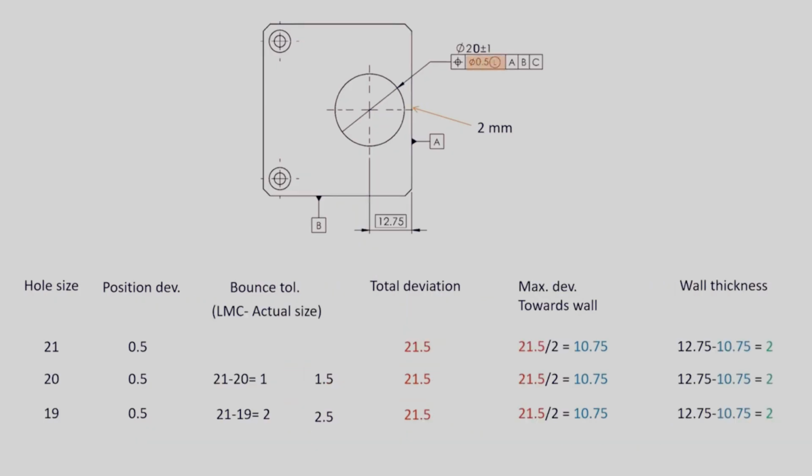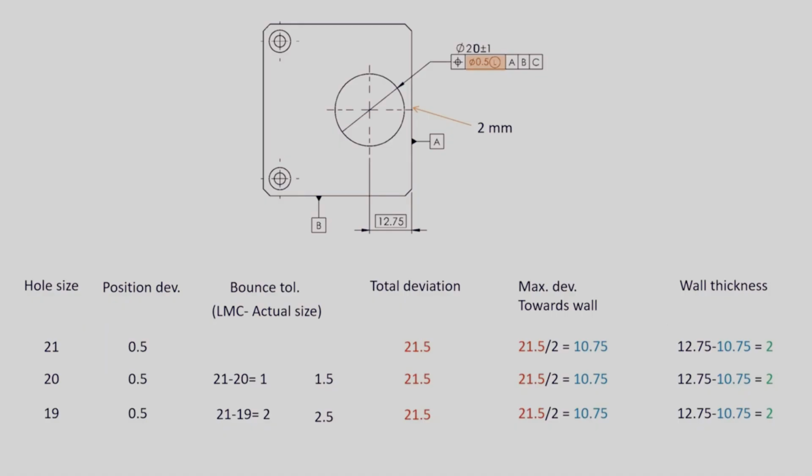By applying the LMC modifier, indicated by L and circle, to the position tolerance, the hole can deviate more from its nominal position as the size decreases towards the MMC. For example, if the hole is 21 mm at LMC, the position deviation allowance is 0.5 mm, maintaining 2 mm wall thickness.